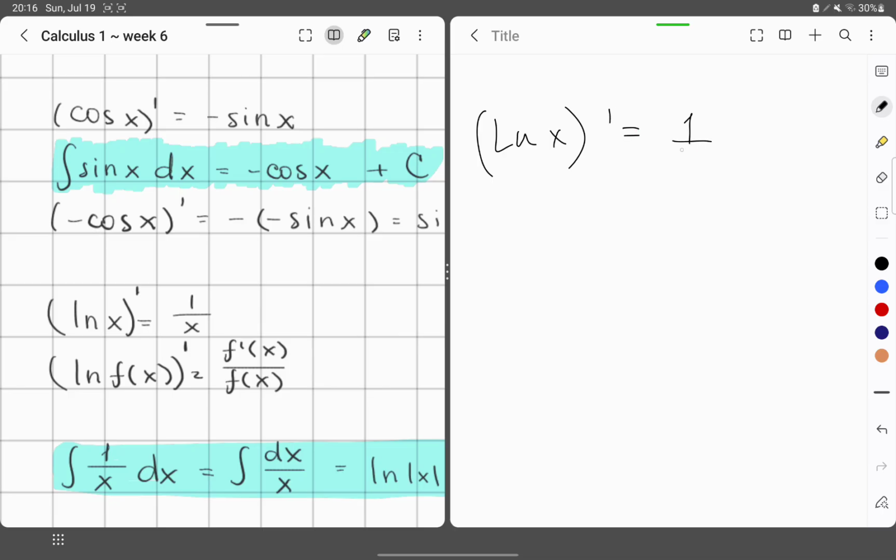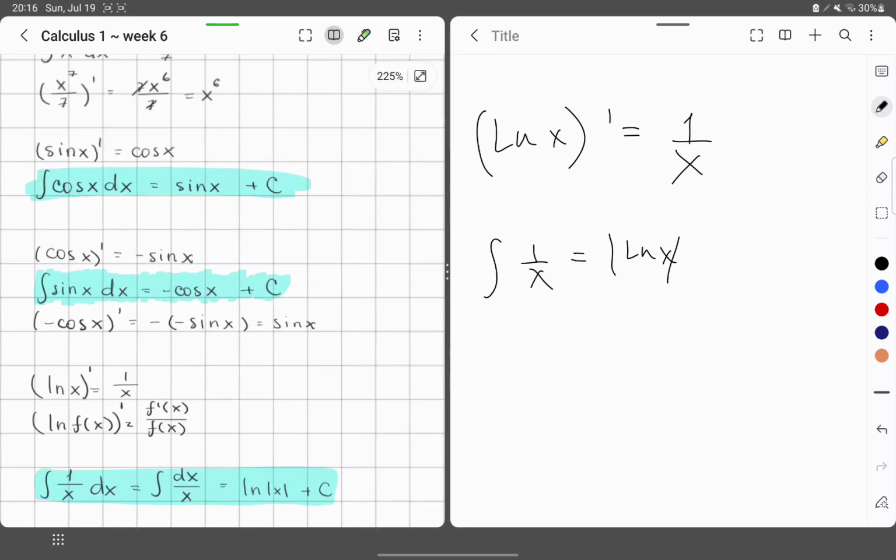So that's why ln x: the derivative of ln x equals 1 over x. So it means that the integral of 1 over x will be ln x plus c. I always forget plus c.